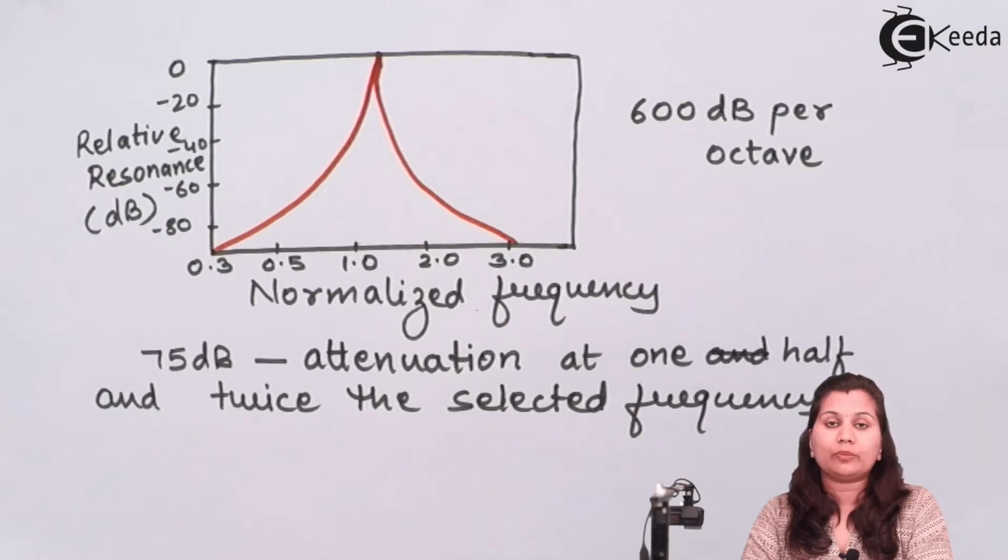Then we studied its block diagram along with its working, the functions of the different blocks, and how the frequency selective wave analyzer gives us the output, which is the amplitude of the signal at a particular frequency, selected by the high Q filter, the narrow band pass filter present in it. I hope that this topic, frequency selective wave analyzer, is now clear to you. Thank you.